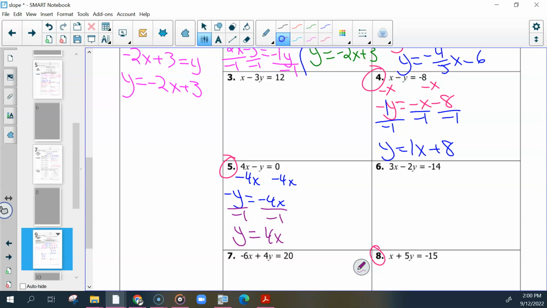But I could have also moved y over, by adding y to both sides. And if I do that, this is already in slope-intercept form, it's just backwards. So if I rewrite it, it would give me the same thing. So be on the lookout for which may be easier, moving x or moving y.